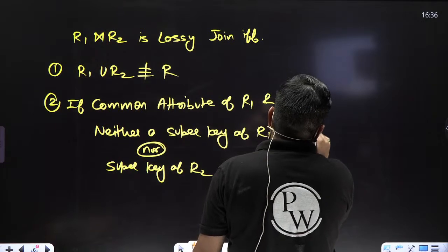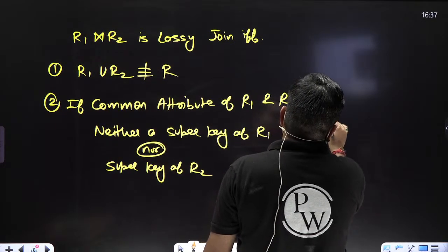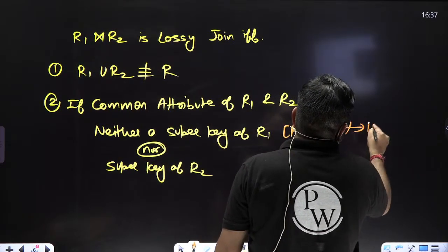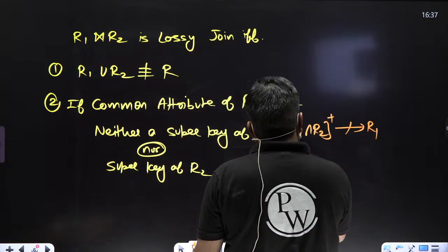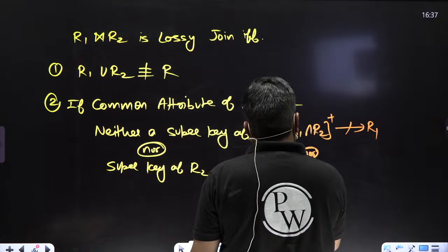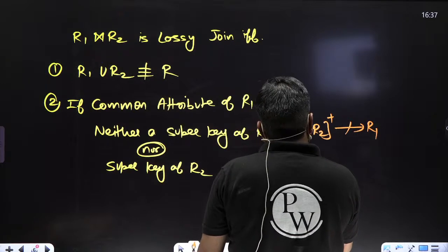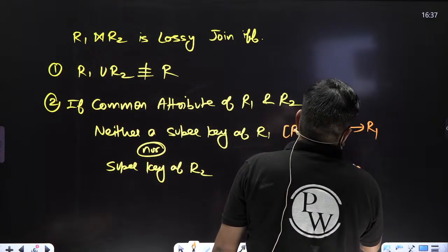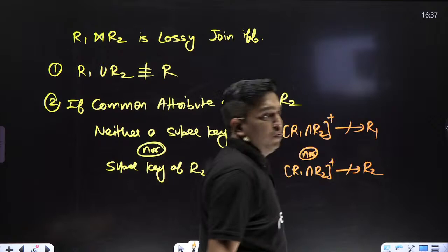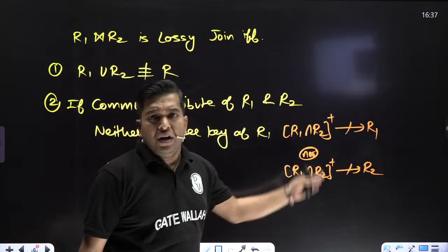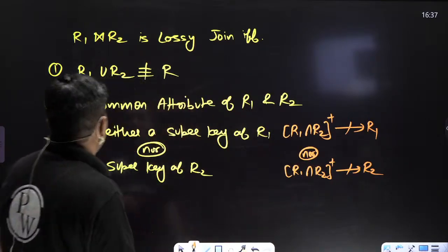What I am telling is, when you take the common attribute, if neither you are getting R1 nor R2, that is, neither R1's super key nor R2's super key, then you can say lossy.